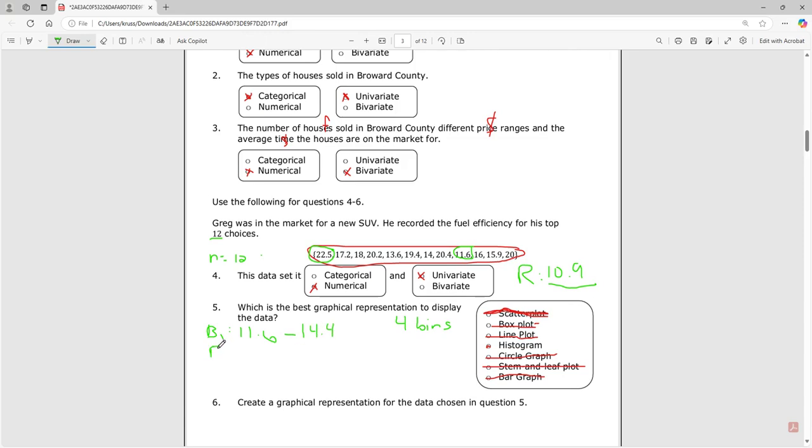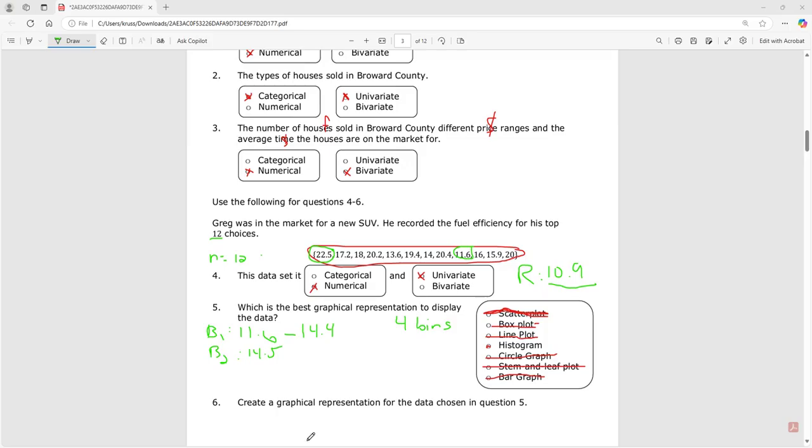Our bin 2 is going to start at 14.5. 14.5 plus 2.75 is like 17.25. So 17.3.